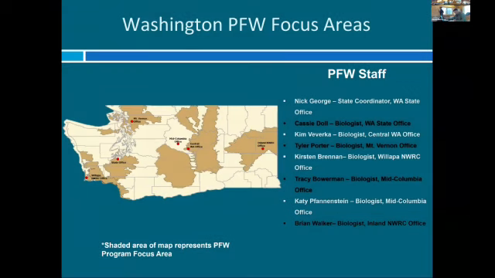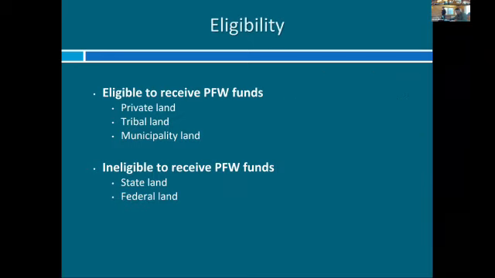I just saw your slide back there, eligibility. Can US Fish and Wildlife Service Partners funds be utilized on private property where they have an EQIP or CRP contract where they're also receiving federal funds? Yes, so there are stipulations on that.